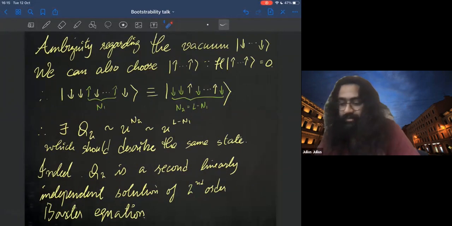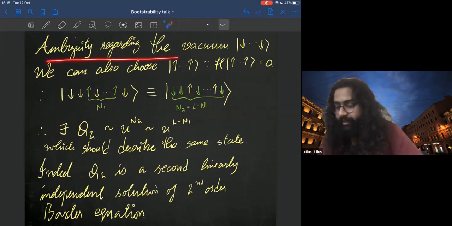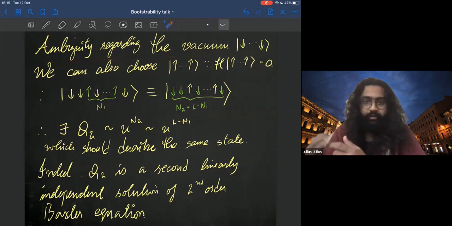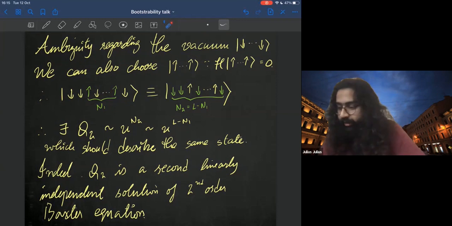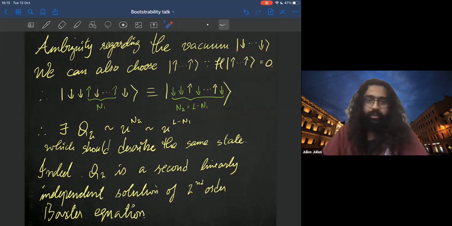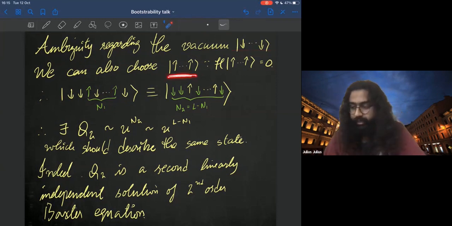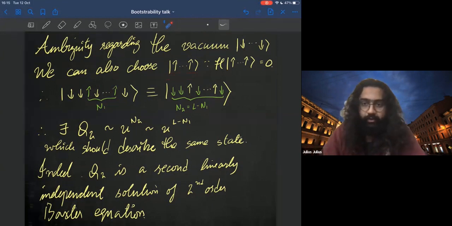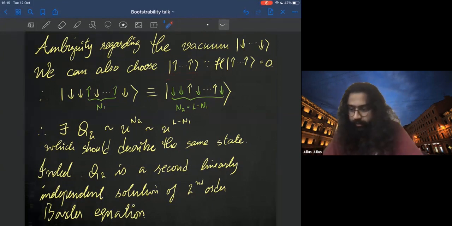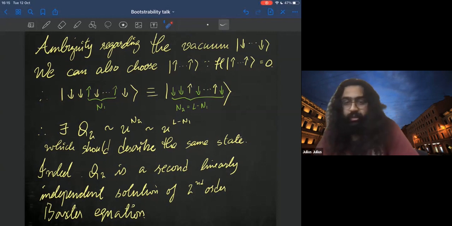Before I tell you what it means, I should also point out another thing which I didn't emphasize earlier, that there was actually an ambiguity regarding the choice of the vacuum. I chose as a vacuum all spins down, but I could have equally chosen all spins to be up, because the Hamiltonian acting on all spins up will also give 0. Suppose I had made that choice.